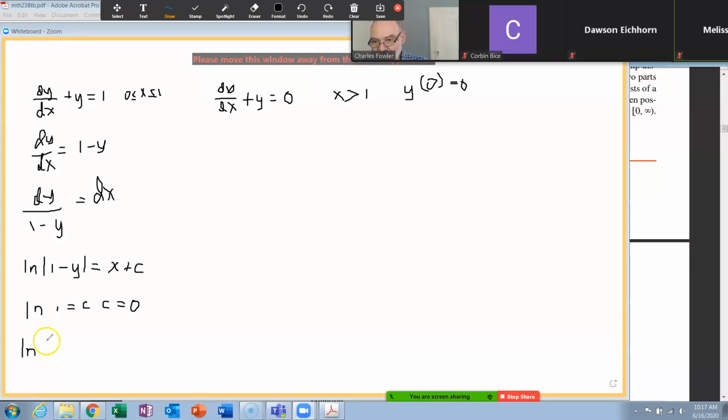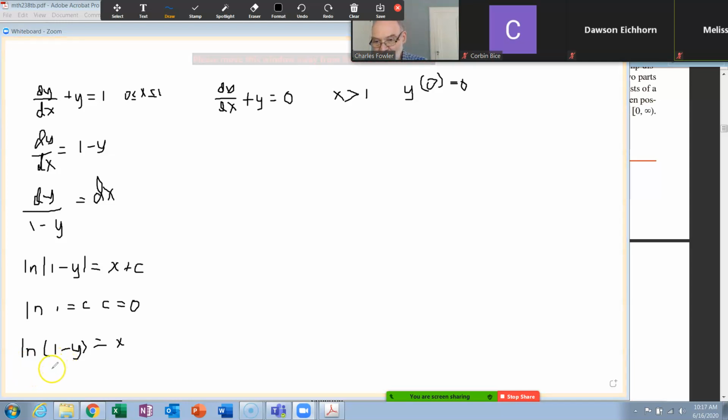I'm going to leave off the absolute value bars now and see if this is okay. Log of 1 minus y is equal to x, because c is equal to 0. Okay. Now, what I'm going to do is e both sides, and when you e this one, I don't have enough room to write it, it's just going to be 1 minus y is equal to e to the x.